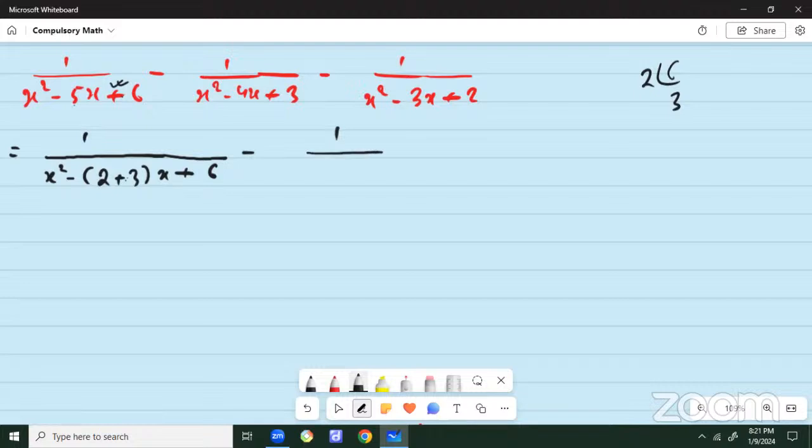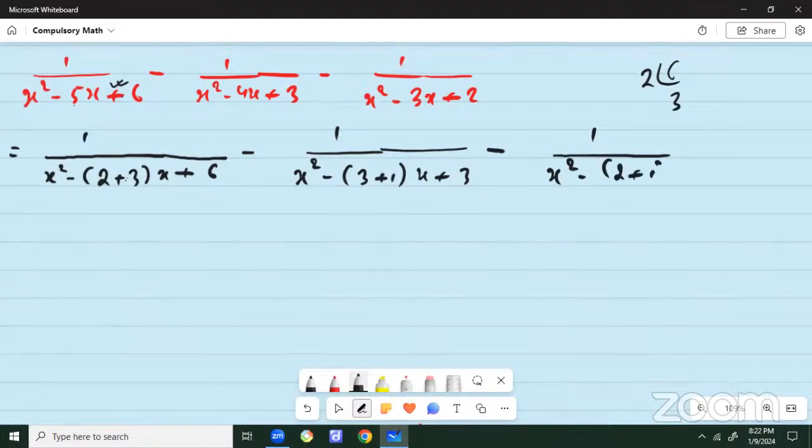In a similar manner, we can find the middle term here, x plus 3. Now, what are the numbers whose sum is 4 and product is 3? It's 3 plus 1, right? Minus 1 over x squared minus 2 plus 1 x plus 2.